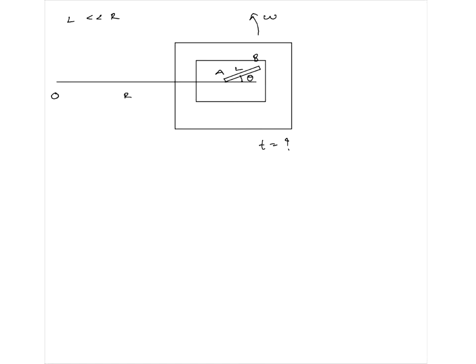Here there is no mention that you have to consider non-inertial observer or inertial observer. If you like, place your observer inside the cabin, or if you like, place your observer outside the cabin. We will place our observer inside the cabin.